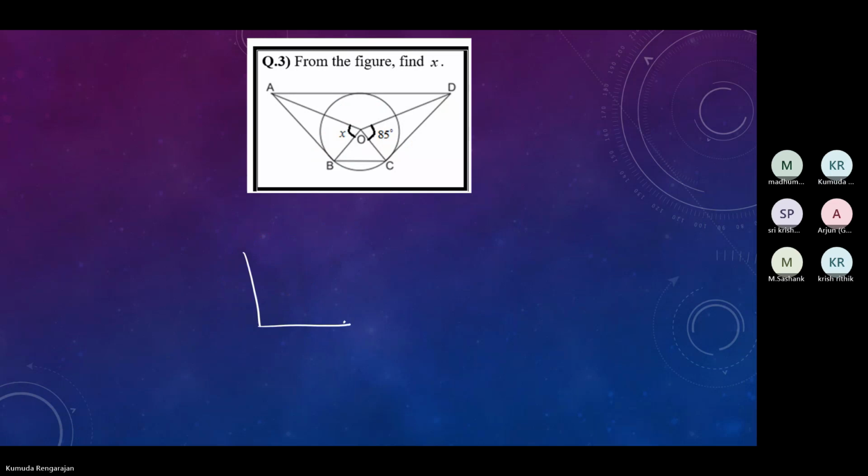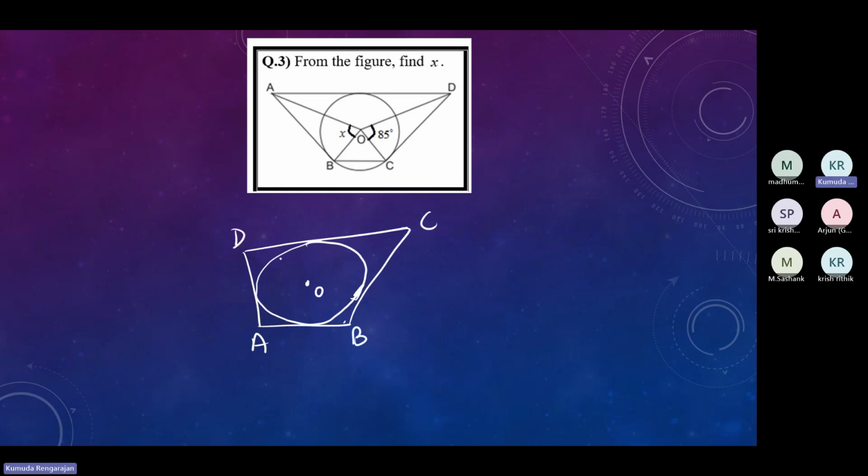Quadrilateral. It circumscribes a circle. The quadrilateral circumscribes a circle with center O. You can see the quadrilateral outside it. We also say that the sides of the quadrilateral are tangential to the circle.